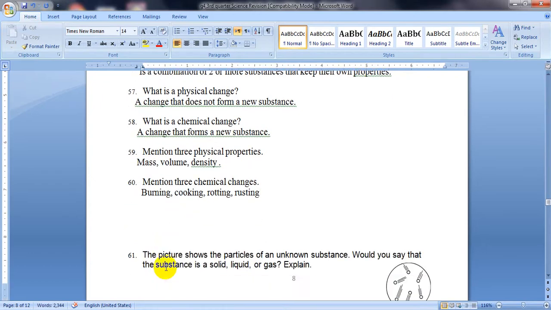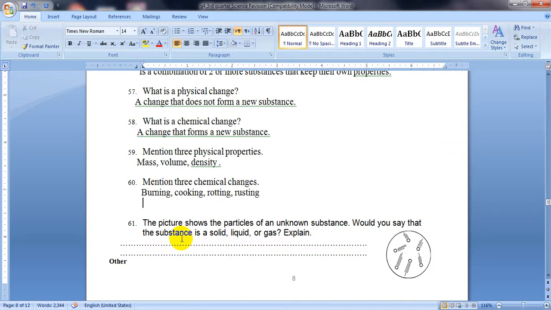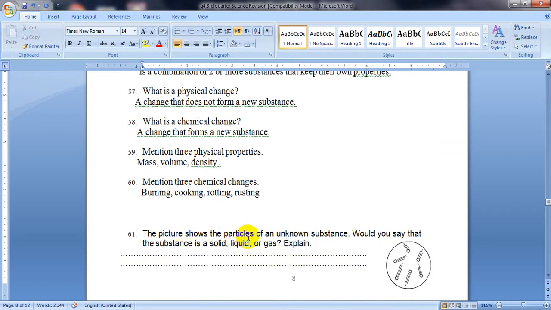Now we will move to question number 61. The picture shows the particles of an unknown substance. Here we don't know which kind of substance this is. Would you say that the substance is a solid, liquid, or gas? Explain. You need to say which state of matter this is and why you said this. Here, if we have a look at the particles inside this kind of matter, we will find that they are far away from each other.